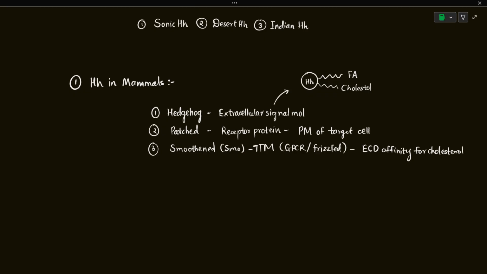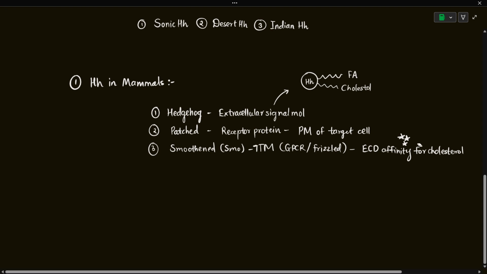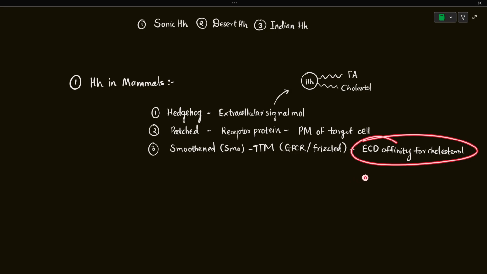Please remember this point, that the smoothened protein has an extracellular domain which has affinity for cholesterol, because this is going to be very important to know about the patched and smoothened interaction, what kind of dynamics the patched and smoothened proteins have with each other.